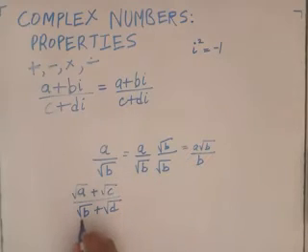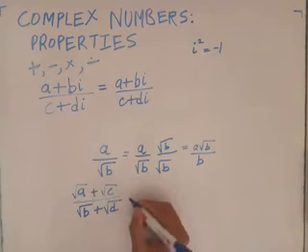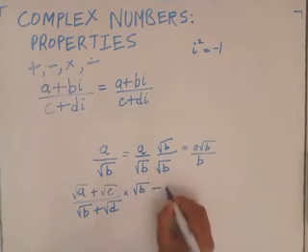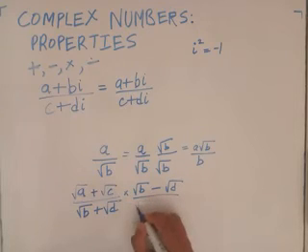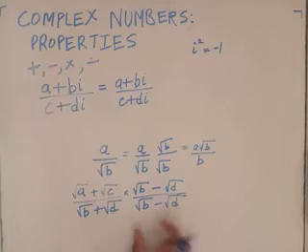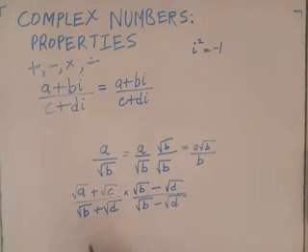That is just these two terms, but with a negative sign. That is the conjugate of this denominator. So we multiply this thing by the square root of B minus the square root of D, divided by the square root of B minus the square root of D. This square root of B minus square root of D is called the conjugate of this number.